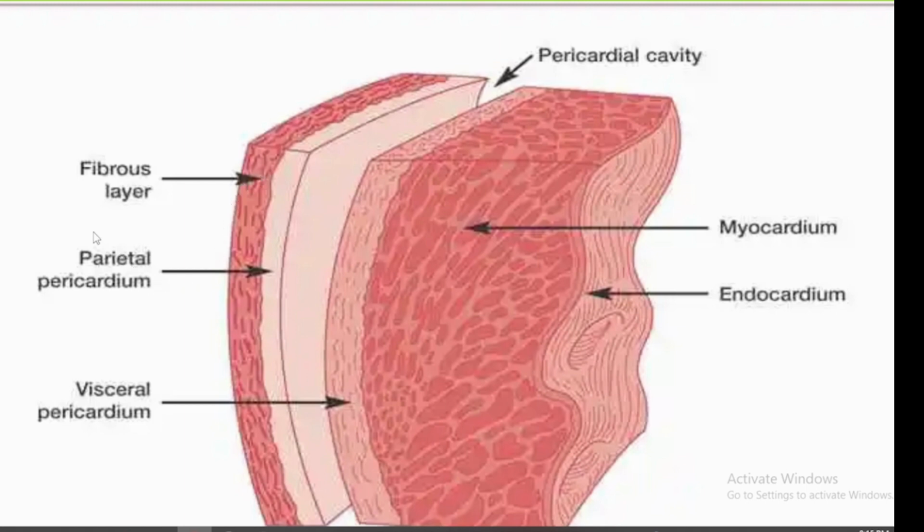So you have the fibrous layer, and you realize that the parietal pericardium is attached to the fibrous layer. Do you understand? Then the visceral pericardium is attached to the myocardium. It's attached to the heart itself, which is the myocardium. Are we following? And then there is a space between the visceral pericardium and the parietal pericardium.